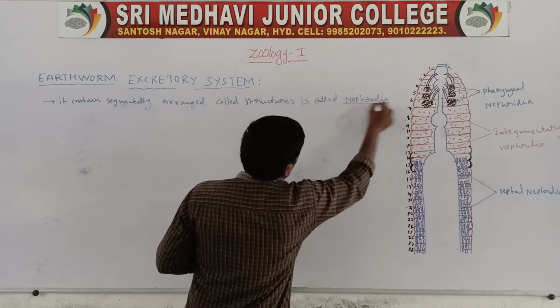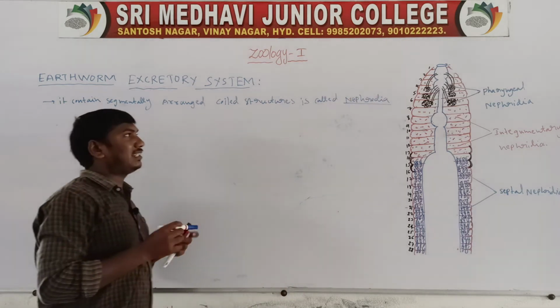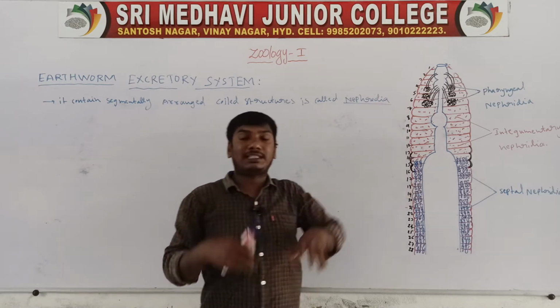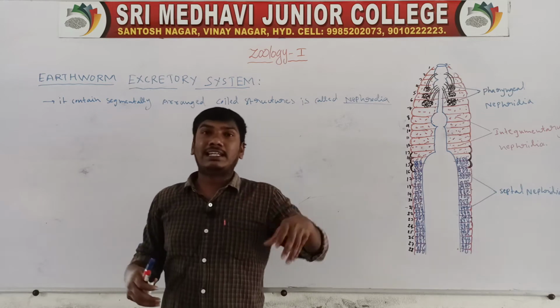The earthworm excretory organs are the nephridia. They are arranged segment-wise in the earthworm.